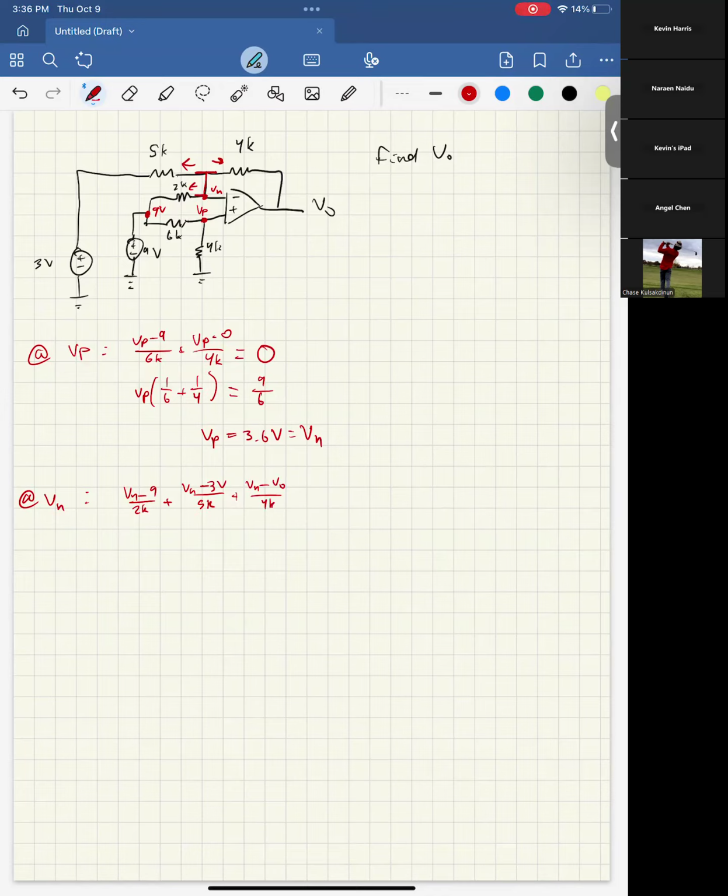over 4K equals 0. One thing I've noticed some people getting tripped up on is that when you have kilo ohm resistors, some people end up making math errors. If you're doing a node equation, you have a k in all the denominators. You can just pretend it's not there. If you were to multiply this by 1,000, they would all go away since there's 0 on the other side. So just ignore them.